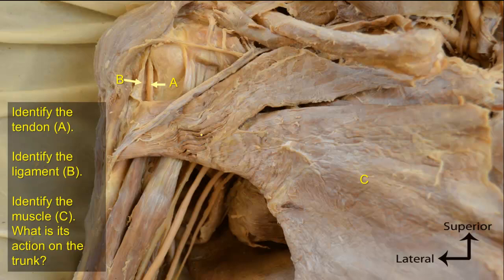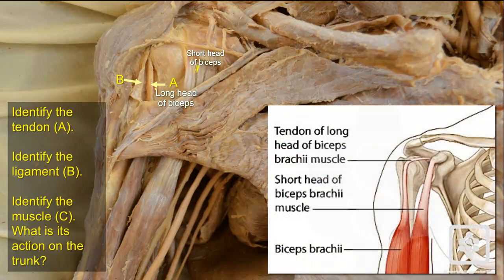Identify the tendon A. This is the tendon of the long head of biceps. Here's the tendon of the short head of biceps, but this one is the long head of biceps. The long head is lateral, L for lateral. At this location, the long head of biceps lies in the intertubercular groove of the humerus, as it leaves from inside the capsule of the shoulder joint.